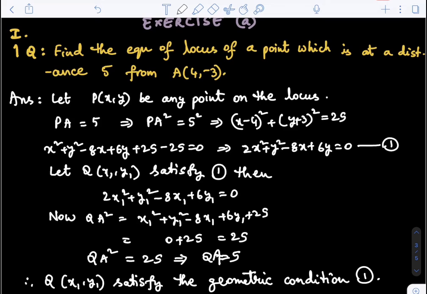Simply, we are taking the distance from Q to A, where Q is x1 y1 and A is 4 comma minus 3. So (x1 minus 4) whole square plus (y1 plus 3) whole square. When we expand them, we get this number.